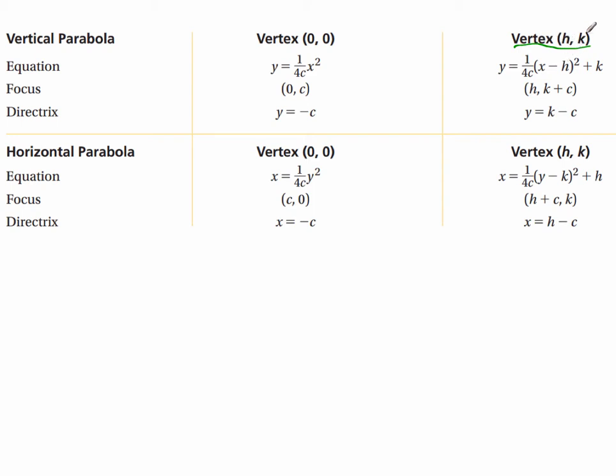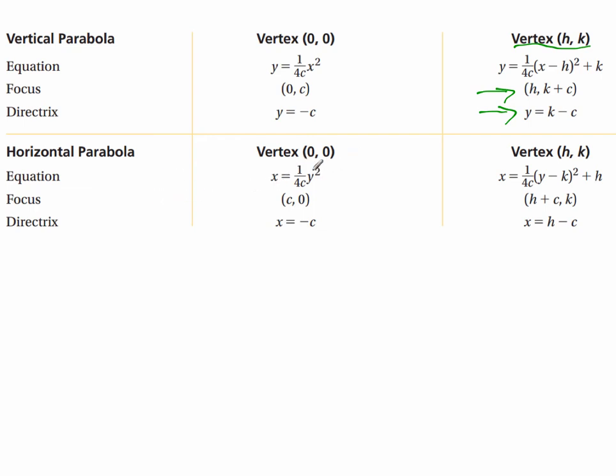If the vertex is at (h, k), then we have y equals 1 over 4c times (x minus h) squared plus k. The focus will be at (h, k plus c), and the directrix will be at y equals k minus c.